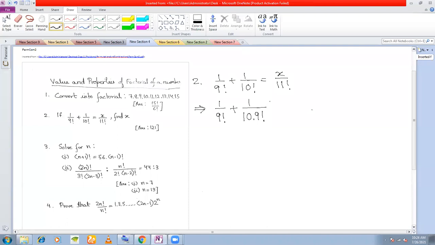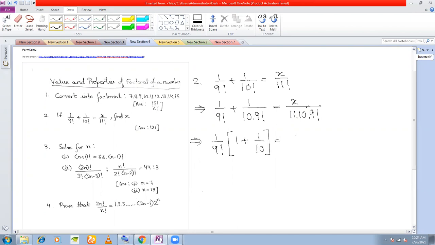Okay. And you convert 11 factorial to 11 into 10 into 9 factorial. Right? Now from the left hand side, you can take 1 by 9 factorial common. So what are you left with? 1 plus 1 by 10 here.